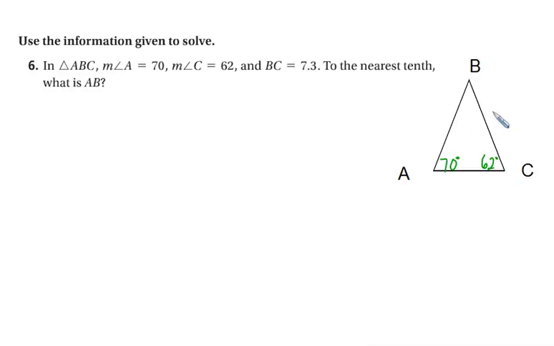BC is 7.3. Now remember when we were going to use law of sines? Anytime we have two angle measures and one side. This is an angle-angle-side pattern. It doesn't matter as long as you have two angles and one side, law of sines is going to apply. So let's write an equation for that. Now, look at this BC right here. In my formula, what was BC? BC is the side opposite angle A, so it was lowercase a.